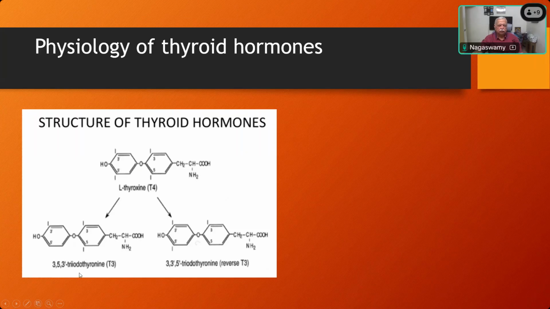And in active T3, you have the iodine at the 3 and 5 positions of the inner ring with only one iodine at the 3' position. Whereas in the reverse T3, you have the opposite. At the 3 and 3' positions, you have the iodine, and in the 3 normal position, you have only one iodine. So that is how the structure is.